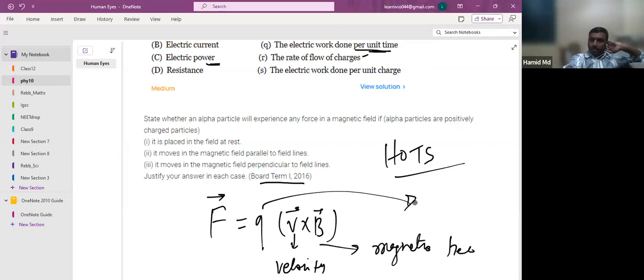Alpha particle is a charged particle. And this is force. So if velocity is zero, at rest, the force will be zero. Clear?